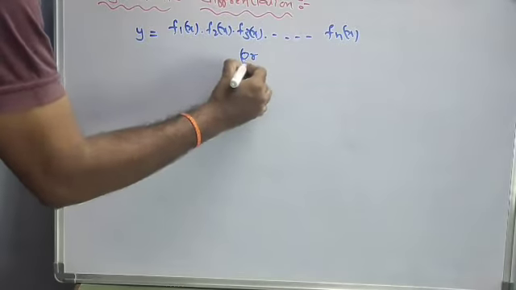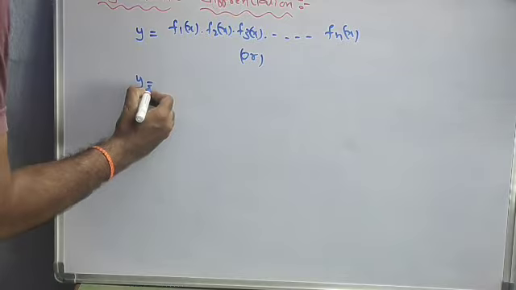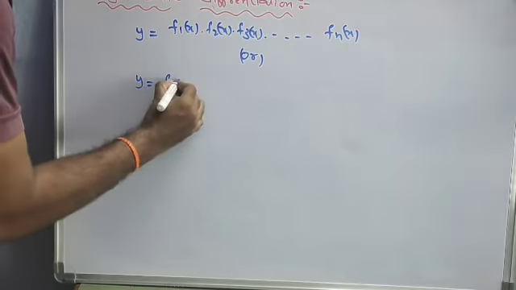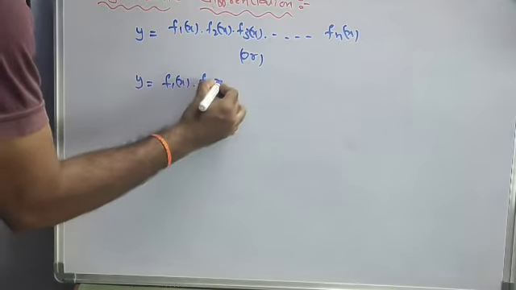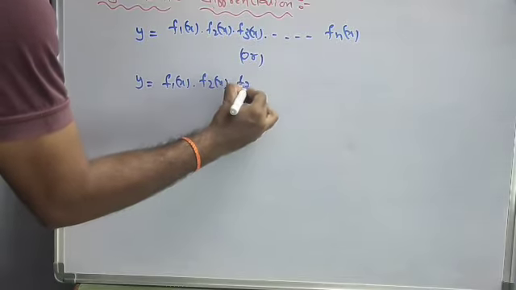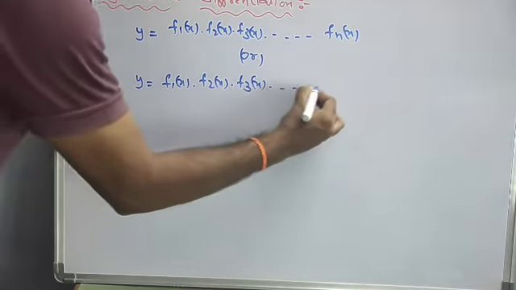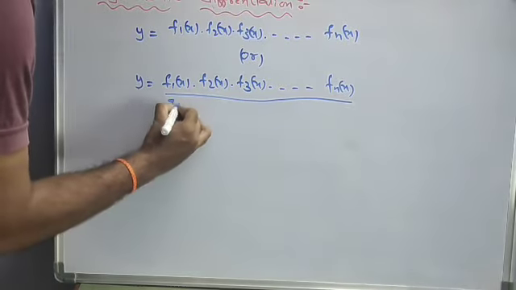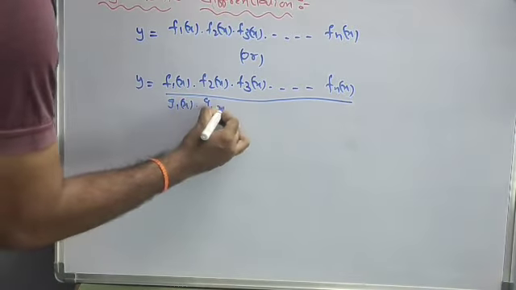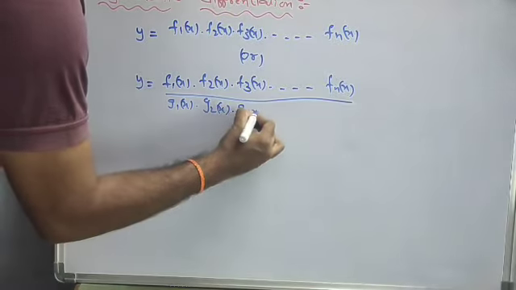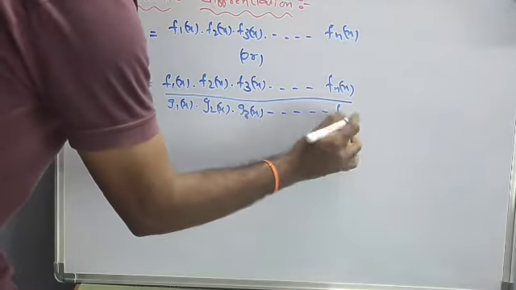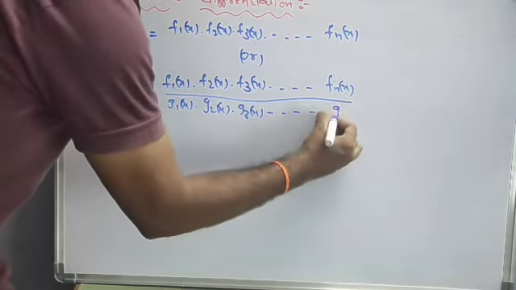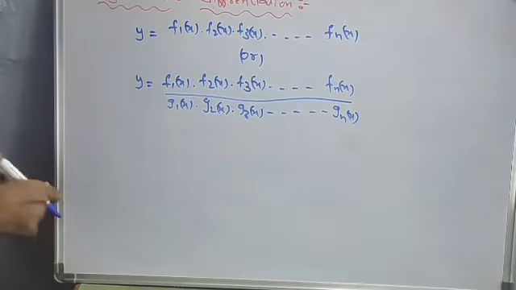Okay, suppose in this form, or y equal to f1 of x into f2 of x into f3 of x up to so on some fn of x by some g1 of x, g2 of x, g3 of x, like this, gn of x.